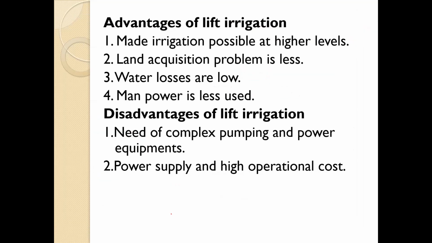Another disadvantage I would like to tell you about is a social kind of disadvantage. Obviously it requires power to run the pumps, but sometimes we have to purchase the power from MSEB or some power supplying company.